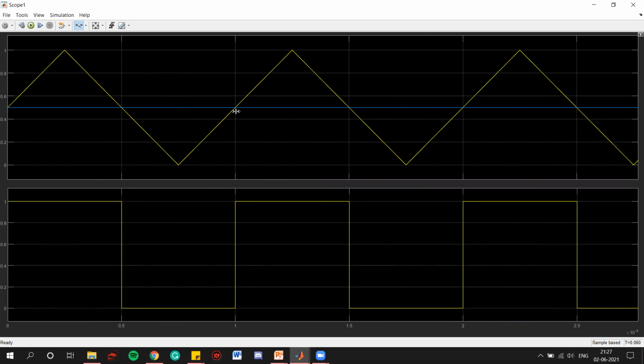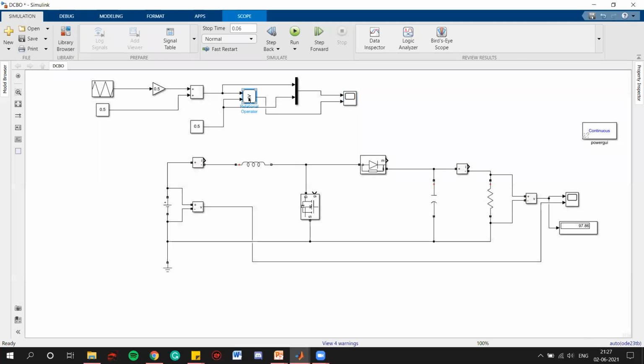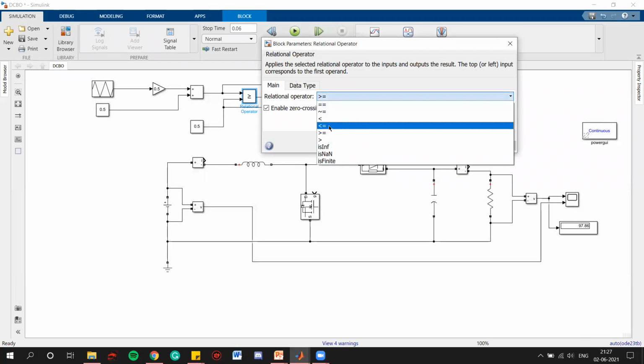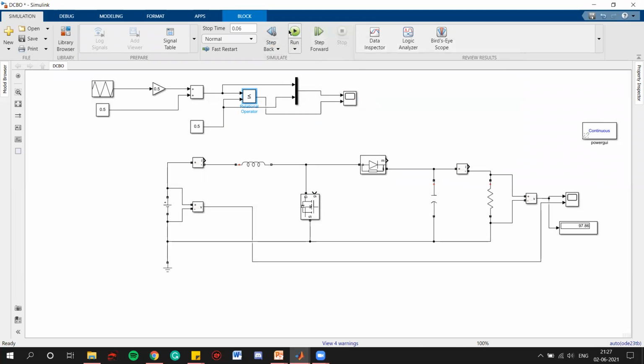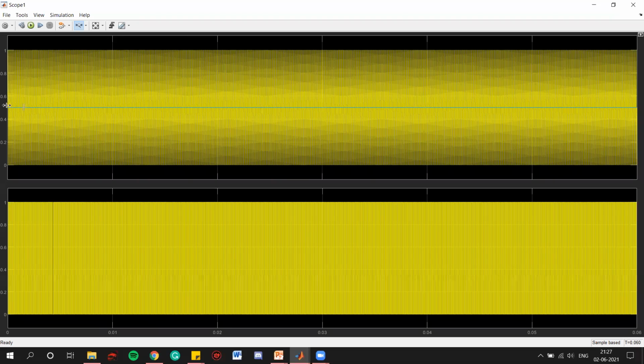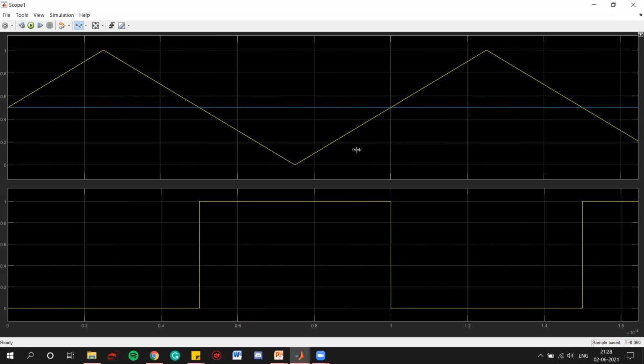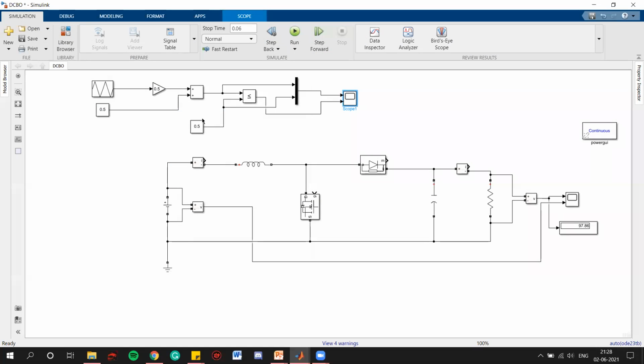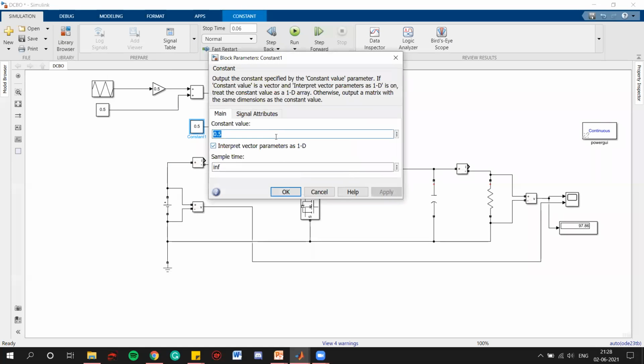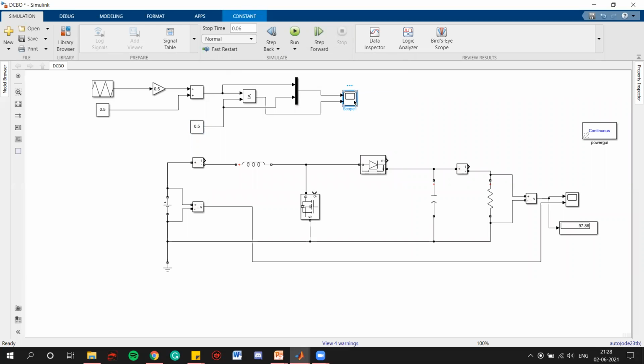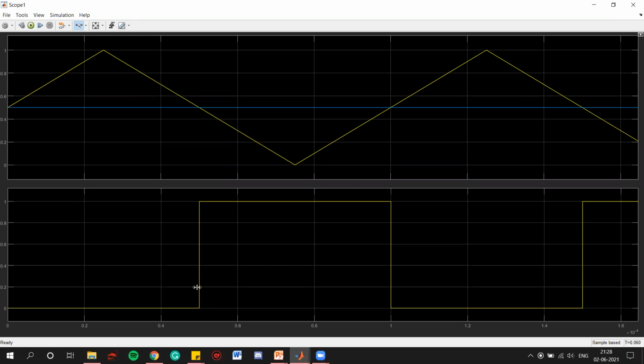So here now we saw this, that if we increase this particular thing, we will have a large output. For example, here I am putting 0.5 as of now. So for 0.5, that means we have 50% duty cycle. This is the whole duty.